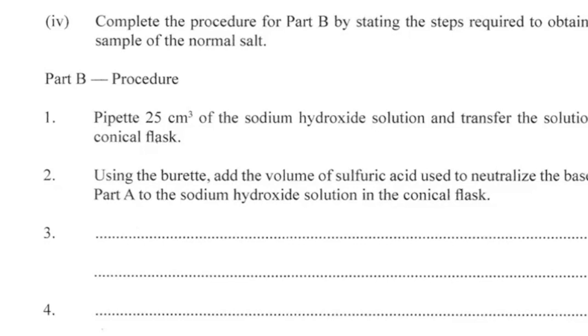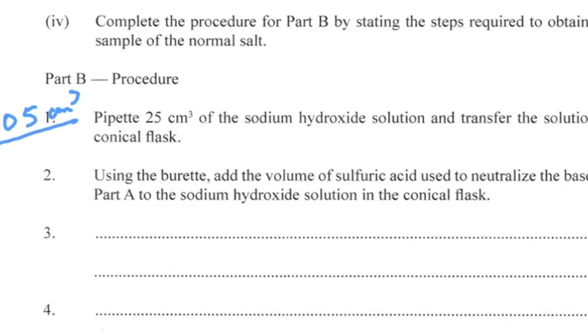Step 2: Using the burette, add the volume of sulfuric acid used to neutralize the base from part A to the sodium hydroxide solution in the conical flask. So the volume that we used was 25.05 cm³. And as I said, we could have worked with the 25.